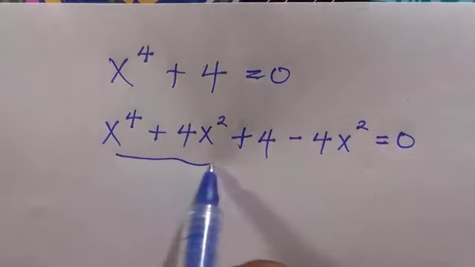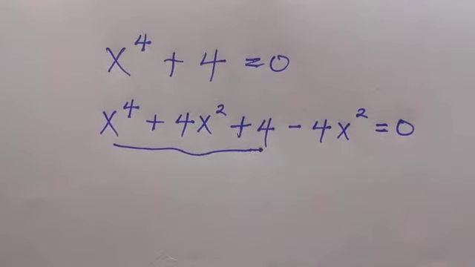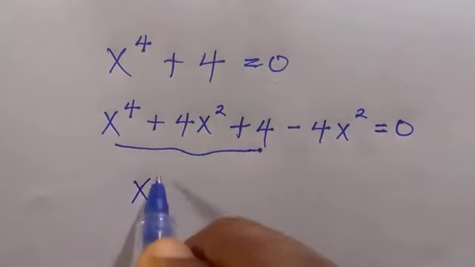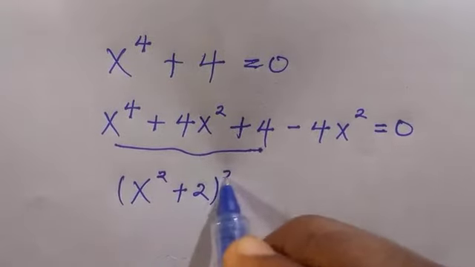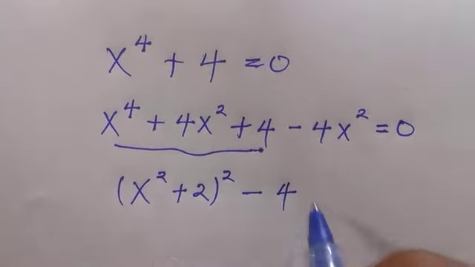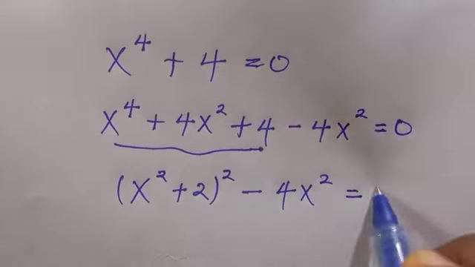And from the first three terms, it can be compressed to (x squared plus 2) all raised to the power 2 minus 4x squared equals 0.